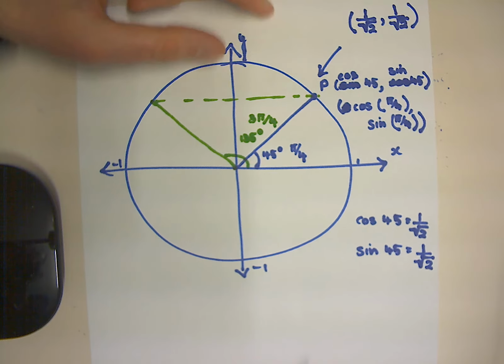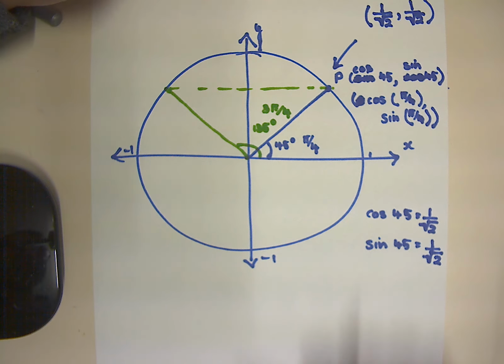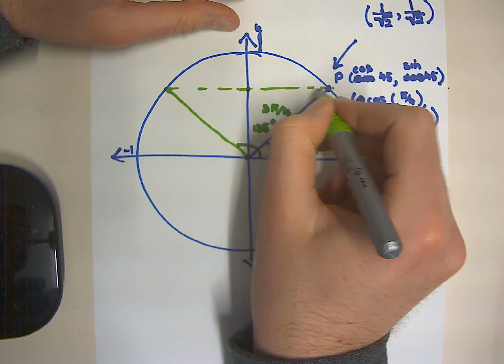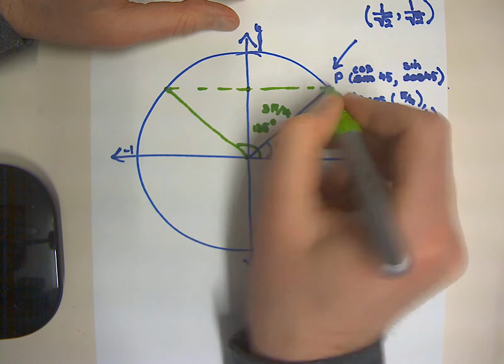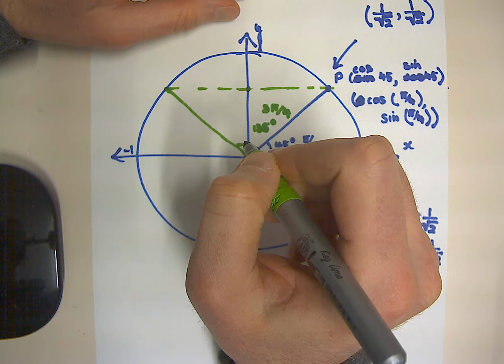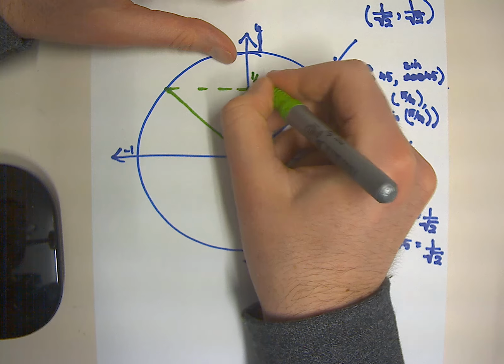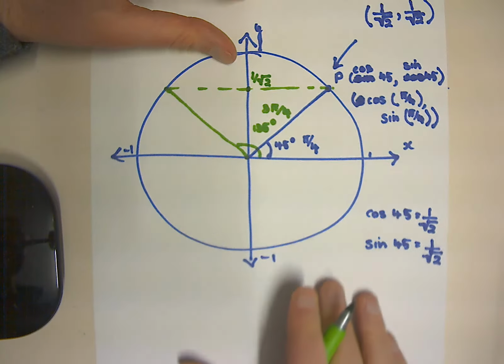Now from now on I'm actually going to be using radians in all cases because they're the ones we need. Now we can see that the y-coordinate of this point here and this point here are exactly the same. The y-coordinates are both 1 on root 2.